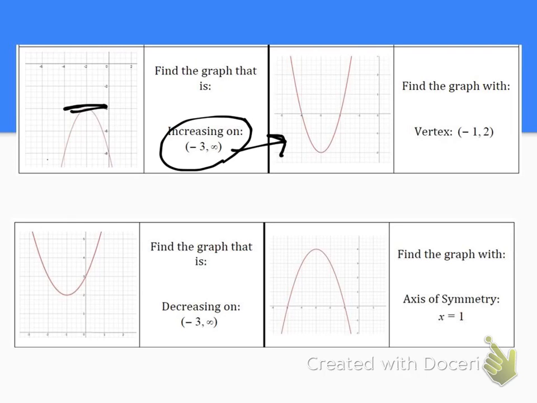So from this point on, it's going uphill. Okay, then this has a vertex at (-1, 2). And the final graph is decreasing on the interval from -3 to infinity. It's going downhill. Okay.